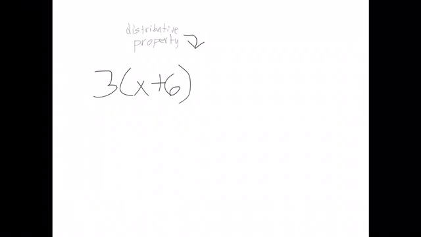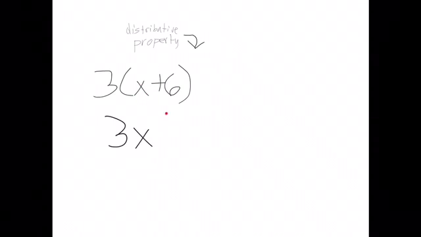So 3 times x is 3x, as you can see. This parenthesis right here would essentially represent times, and then this is x, so 3 times x is 3x.